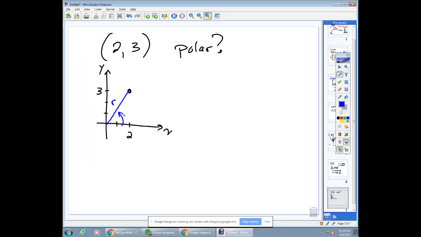The radius is just the Pythagorean theorem. So I know x squared plus y squared is equal to r squared. 4 and 9 on a good day is 13. So I would like to choose the positive square root of 13, somewhere between 3 and 4 approximately.